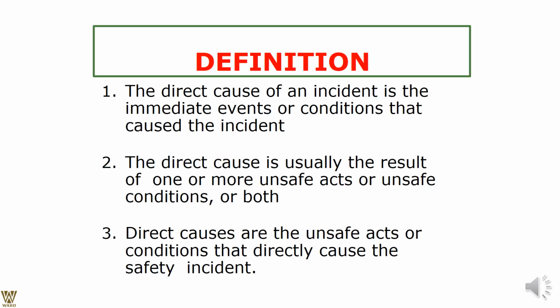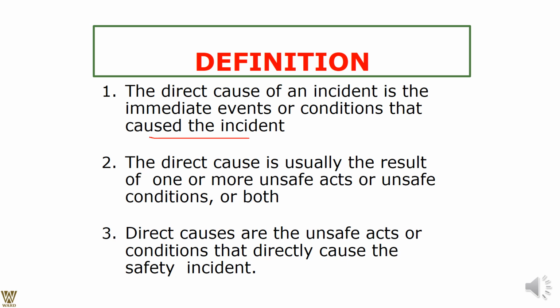The direct cause of an accident is the immediate event or condition that causes an incident. Probably a human error, probably a machine error might lead to a direct incident altogether. Usually it is a result of unsafe practices, unsafe conditions, or a bit of both.